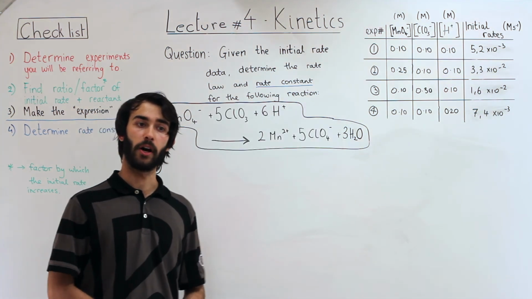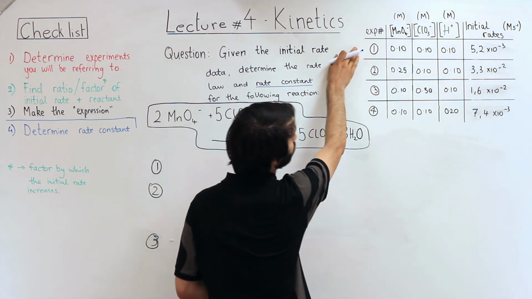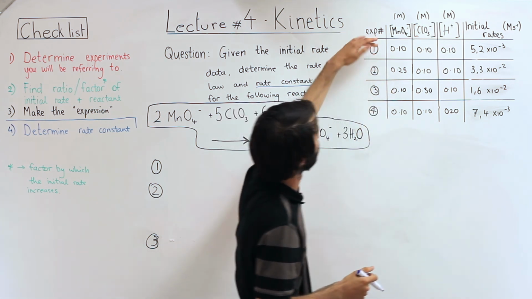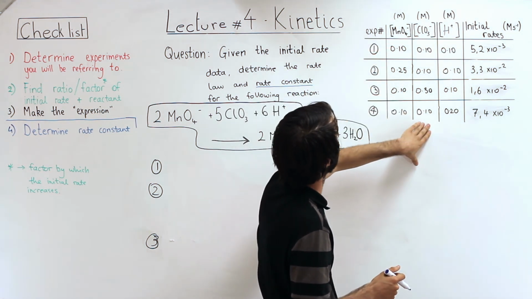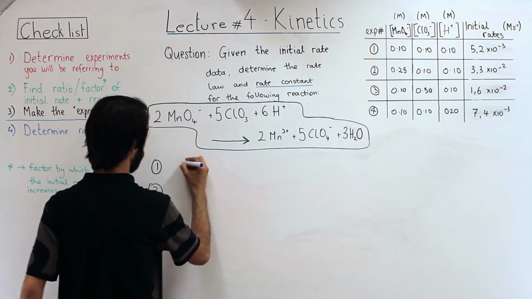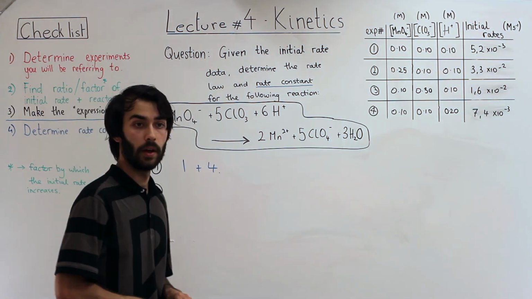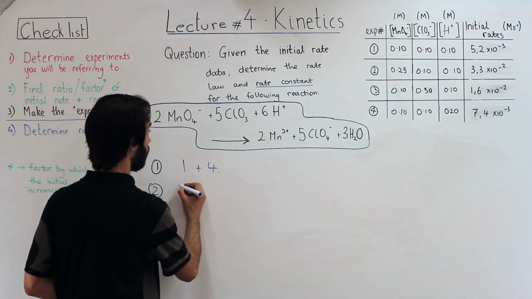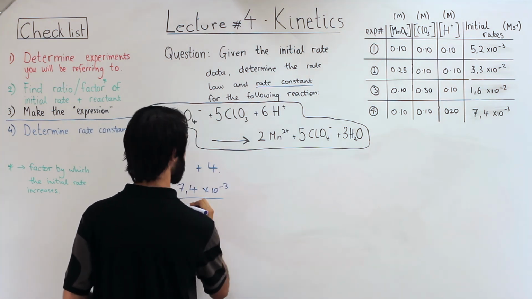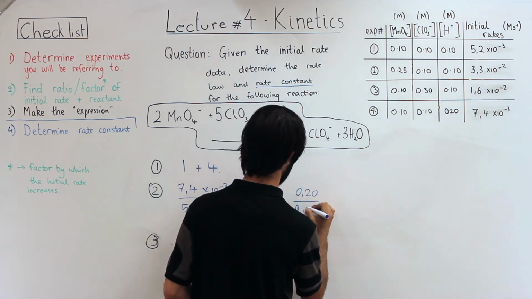And finally, for our hydrogen ion, we'll decide the reactions we're going to use. For hydrogen, where the concentration of the others is held constant, this will be reactions 1 and 4. Now, second step, finding the ratio of the rate change and the ratio change for the reactant.